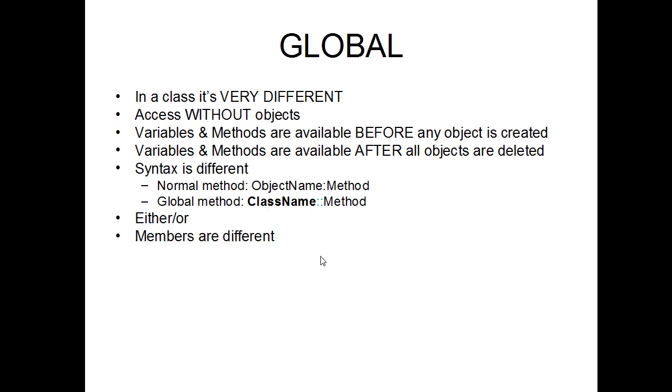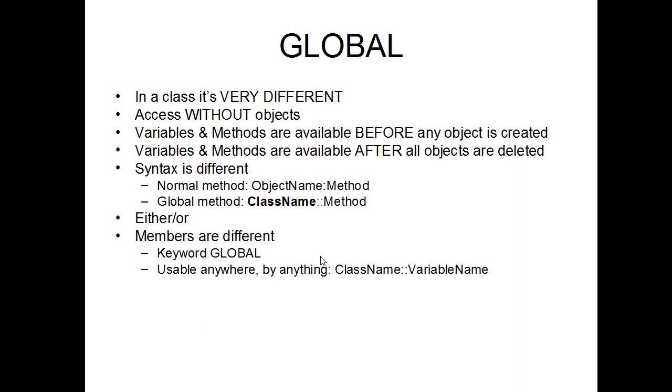So of course, members that you declare as global are going to be different. You're going to use the keyword global, and then suddenly this variable is going to be usable anywhere by anything with the syntax class name colon variable name.